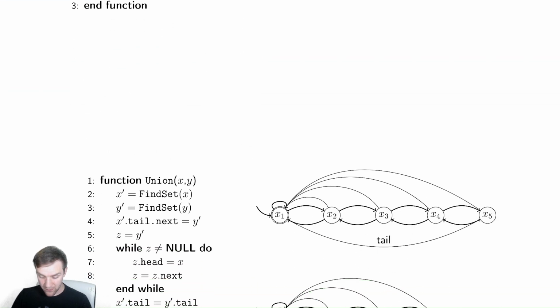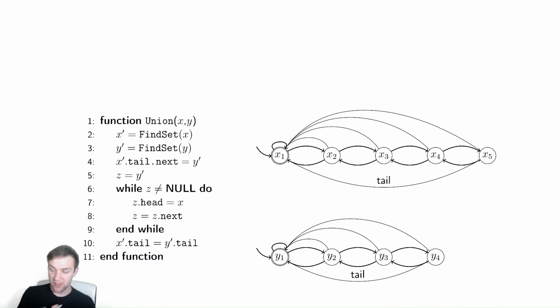How about union? Let's look at the way this works. Step 1, we find x prime, which is the representative for the set x. So here, x prime would be x1 if I'm assuming that this first list contains whatever node x.